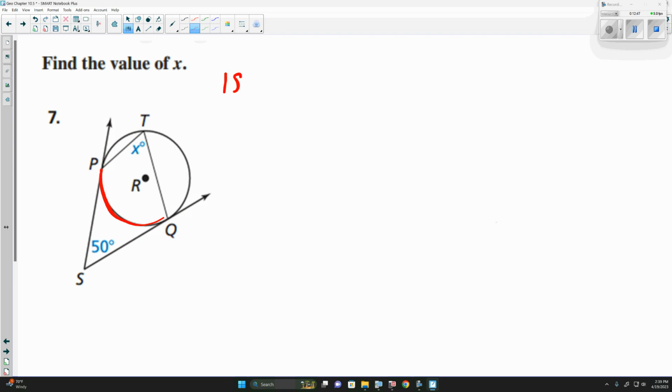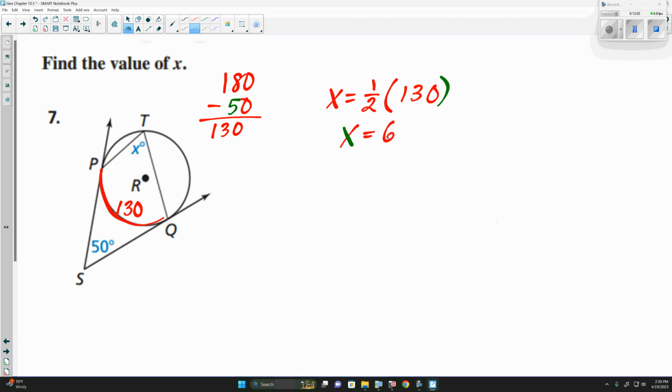So we could say 180 minus 50 is the measure of this arc, and x is going to be half of that, which is indeed 65 degrees. Questions on any of this here? Are you ready for the next one?